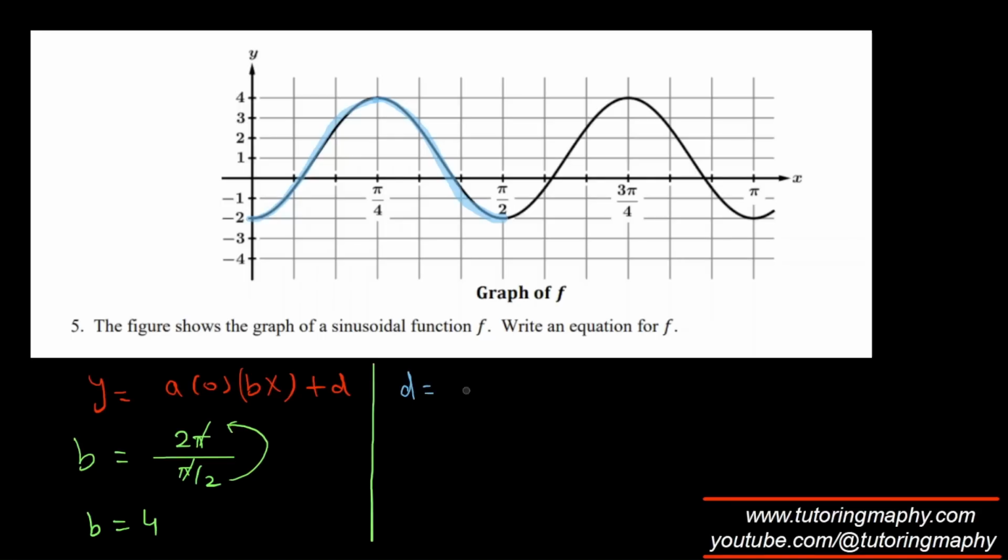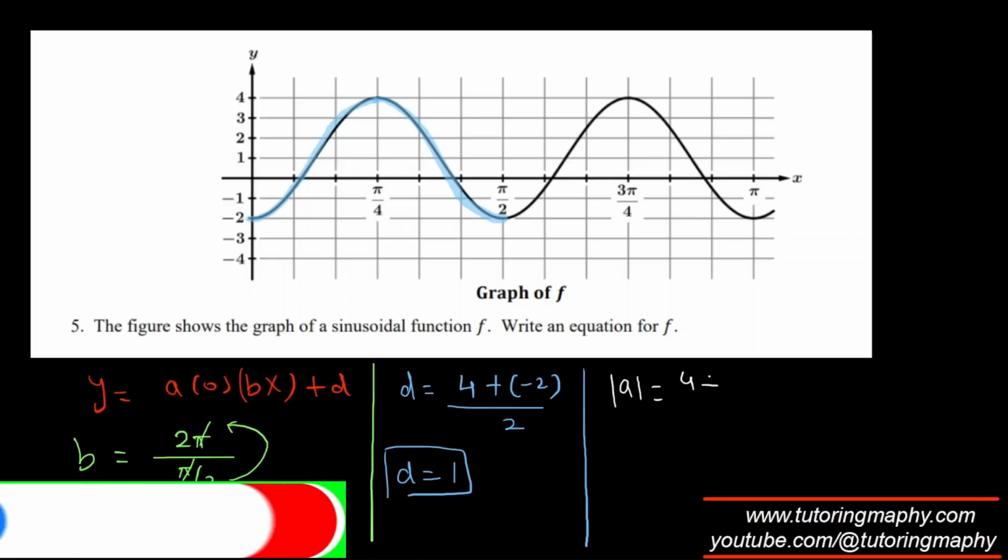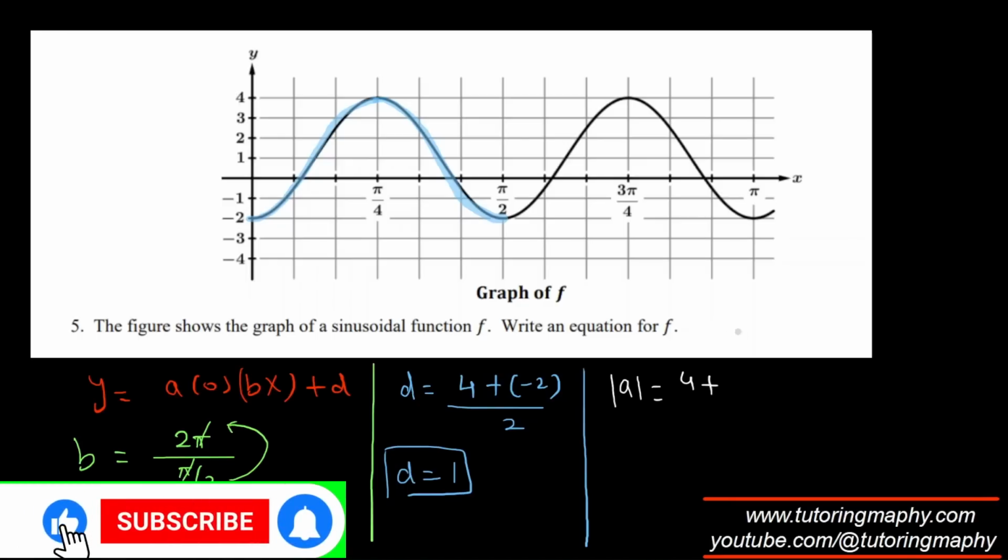The value of d will be maximum, which is 4, plus minimum, which is negative 2, over 2. So 2 over 2 is 1. So that's the value of d. And the amplitude, we already agreed that it's negative. But the setup will look like the absolute value of a will be equal to maximum minus minimum over 2.